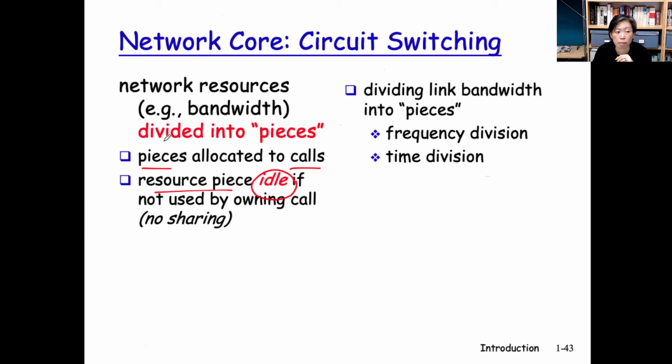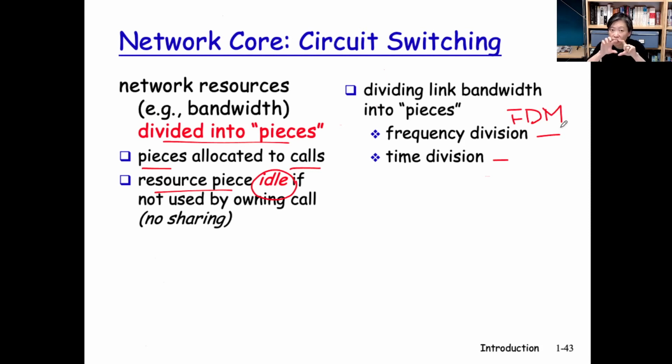Now, speaking on dividing link capacity into pieces, there are multiple ways of doing that. First one is called frequency division, the other time division. This is the second time we see the term TDM. Where did we see this? Yeah, cable modem.